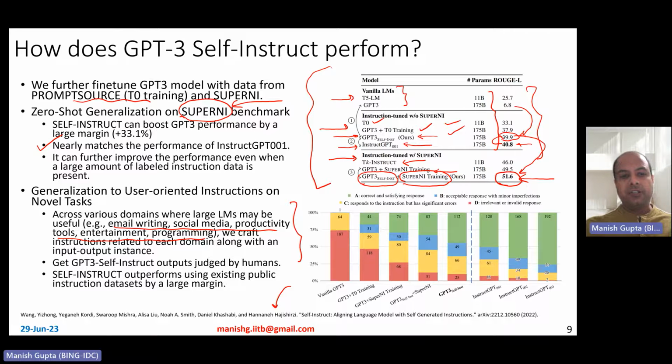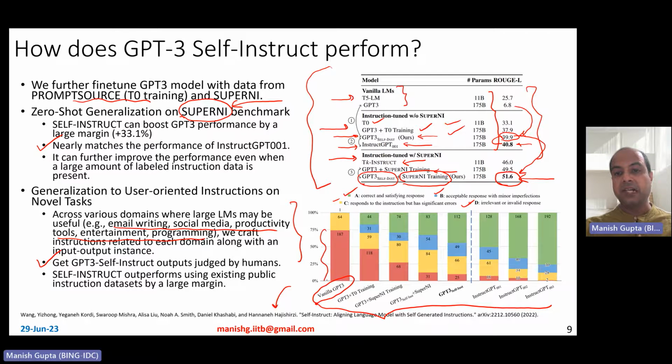And then they also got the output from GPT-3 Self-Instruct model and asked humans to judge them. They, of course, got output from various other models and asked humans to judge them. And what they found is that you see those results. So they asked humans to actually judge on ABCD for a point scale, where A basically means correct and satisfying response, and D basically means completely irrelevant or invalid response, and B and C are in between. You observe that vanilla GPT-3 performs really poorly.